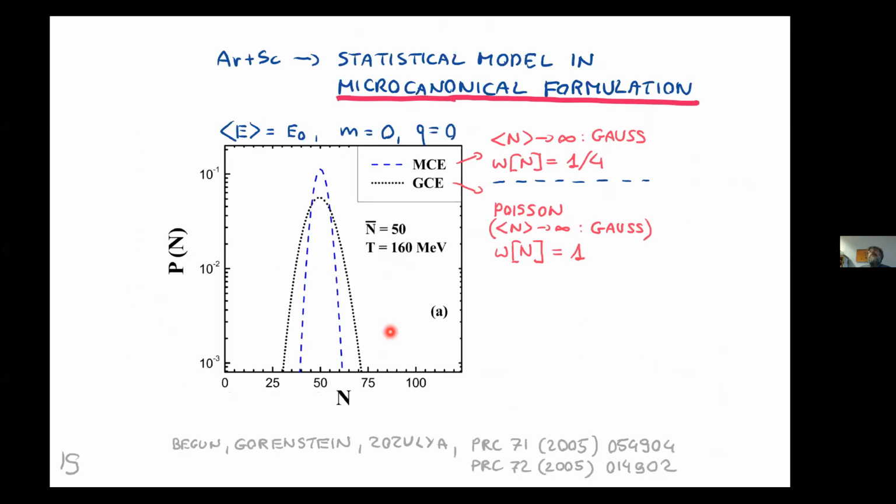Now we have to come back to the statistical model in microcanonical formulation to really confront this in more detail with the experimental data on argon scandium. You have already seen that the binomial distribution is, of course, below 1 in scaled variance in general.